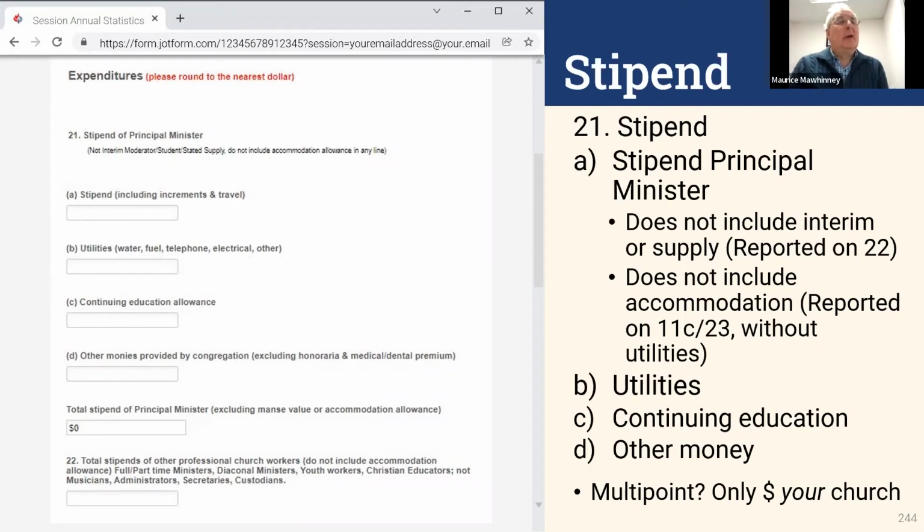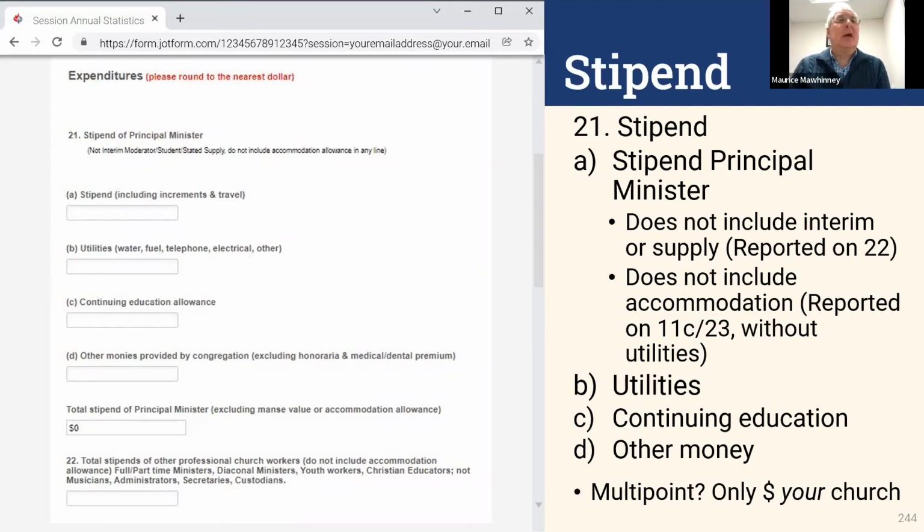In some cases, you may find that you're paying the minister who's not living in a manse a housing allowance plus a utility allowance as well. You need to separate that out and just put in the utilities and not the housing allowance. Housing allowance does not come into line 21 at all.